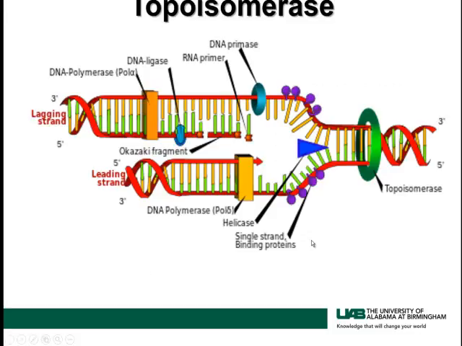As just a reminder, topoisomerase is the enzyme that goes in front of the replication fork and makes sure that it is relaxed in such a way that the replication fork can continue to proceed through as the helicase begins to open up progressive regions of the replication fork.